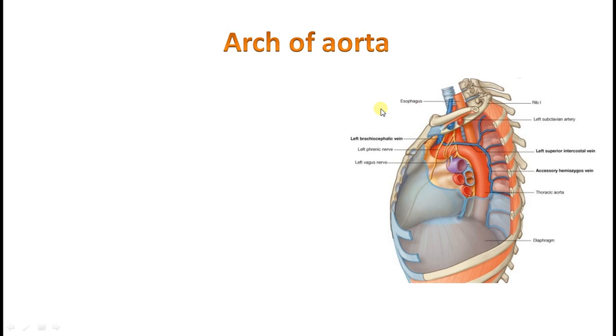Now, if you look at the arch of aorta, you all know that it is a continuation of the ascending aorta, and then the arch of aorta continues downwards as the descending thoracic aorta. The arch of aorta is a content of the superior mediastinum. It is an intermediate structure present immediately behind the veins and anterior to the prevertebral structures.